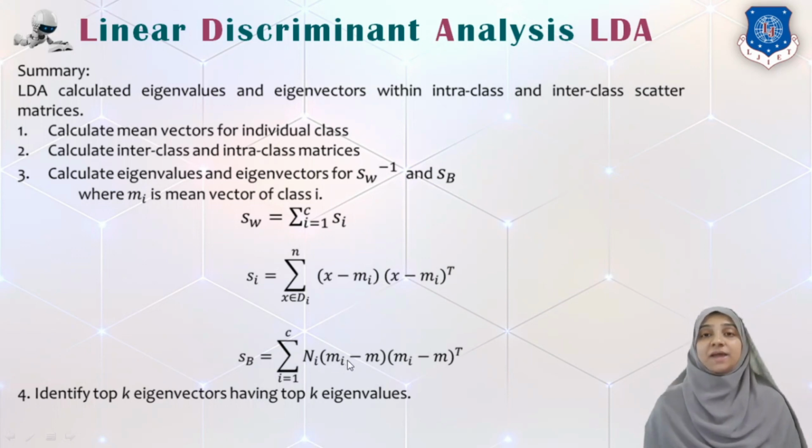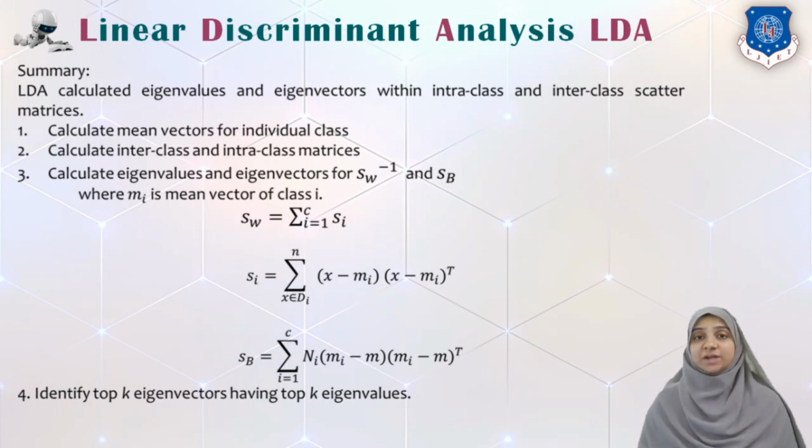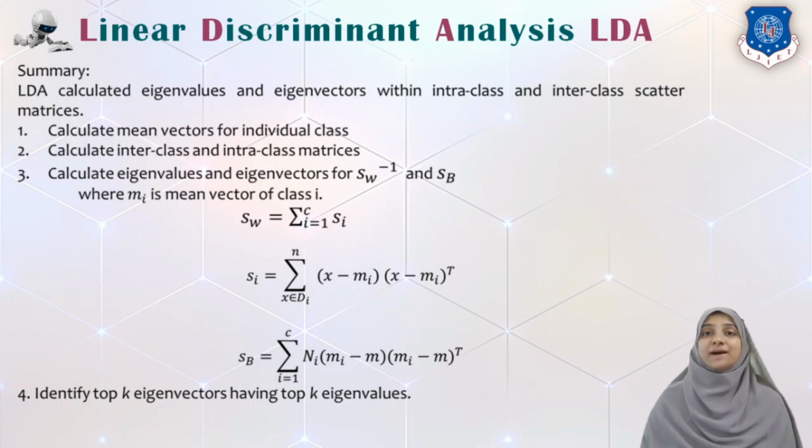That is a vector which gets multiplied by its transpose to produce a complete matrix. So S of B is the summation i equal 1 to C of Ni times (Mi minus m) times (Mi minus m) transpose. So at the end we will have S of B as the interclass matrix.